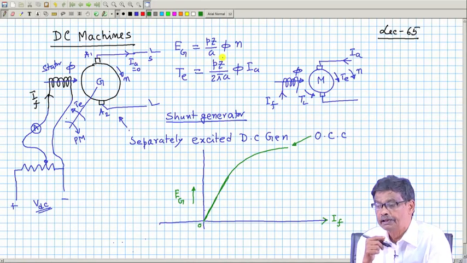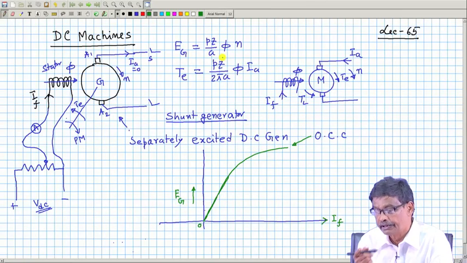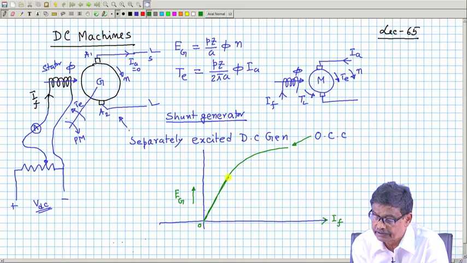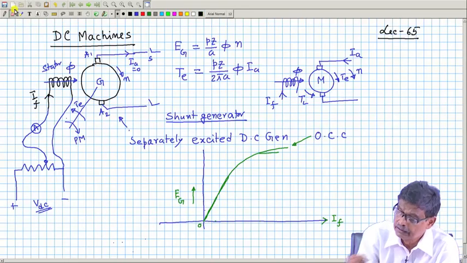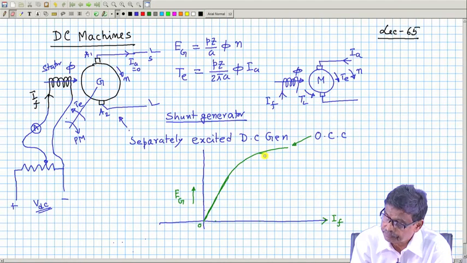Phi can be replaced by some constant times IF provided the generator operates in this zone, otherwise not. If you increase the field current, the flux produced becomes lesser and lesser. For 1 ampere increase in field current in the initial portion, the flux changes by a large amount, but the same increase in current at this end increases the induced voltage or flux per pole very little. So, this is called the saturation zone.